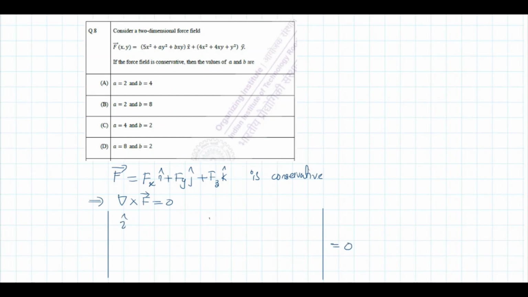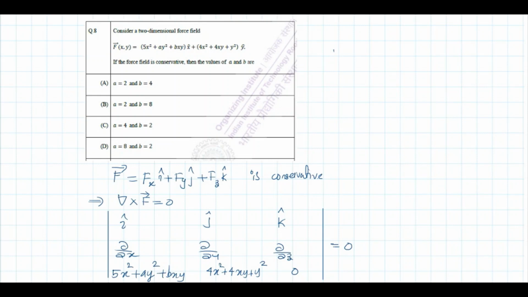It is the determinant of i cap, j cap, k cap, dou by dou x, dou by dou y, dou by dou z, and the first component of F, here it is 5x square plus ay square plus bxy. Second component 4x square plus 4xy plus y square. Third component, it is 0. This determinant should be 0.